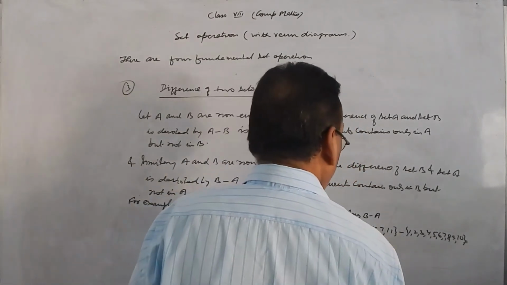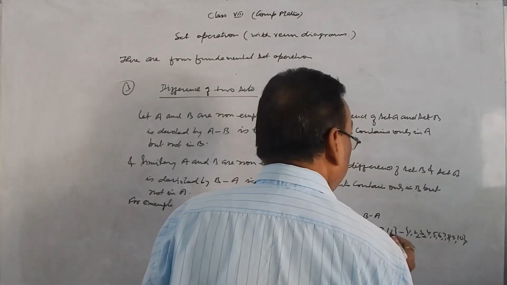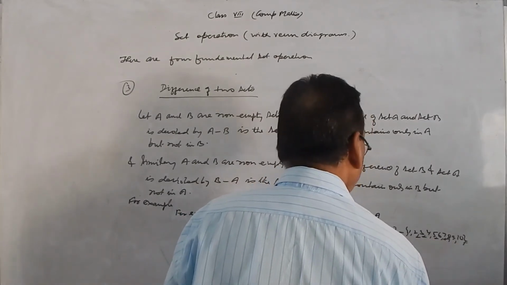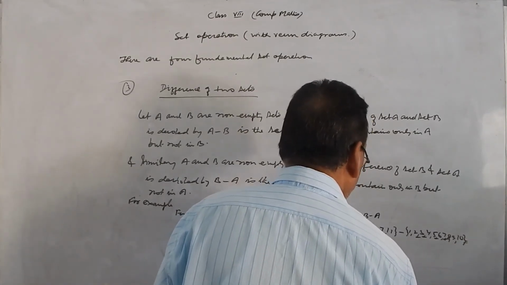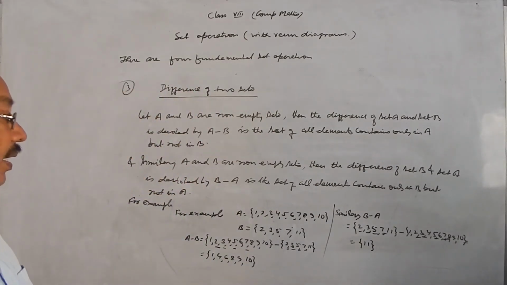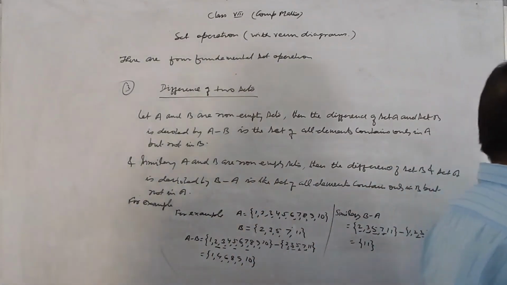Now 2 will cancel, 3 will cancel, 5 will cancel, 7 will cancel, 11 is not there. Here we write only 11. These are the examples. Now we see the Venn diagram.